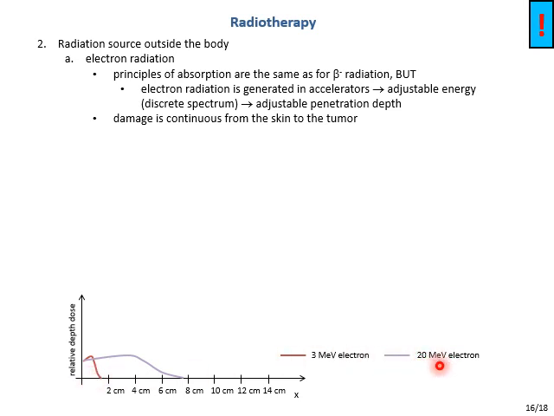If, on the other hand, the kinetic energy of electrons in the electron radiation is 20 million electron volts, then the penetration depth is approximately 5 to 6 centimeters. In this way, we can adjust how deeply the electron beam penetrates into the body, and therefore it can be controlled. Therefore, the energy of the electron beam can be adjusted to how deep under the skin the tumor to be treated is.